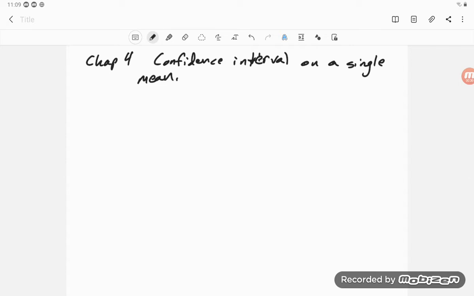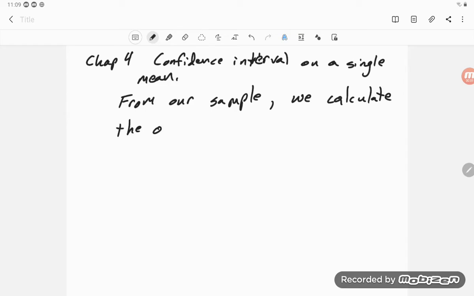In other words, from our sample, we compute the observed mean, our average, and we call that observed mean x bar.